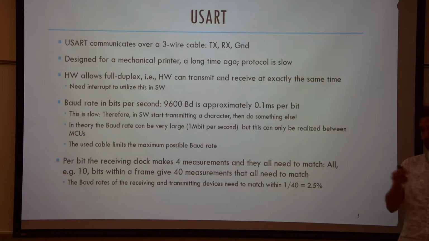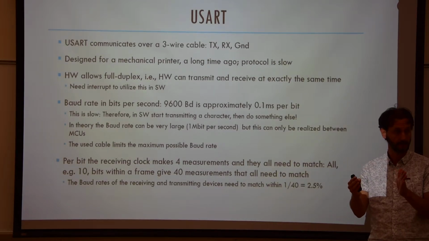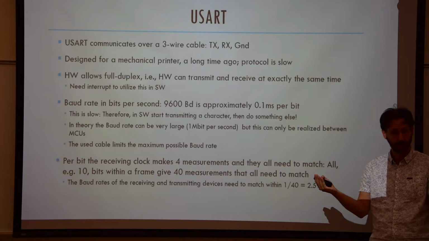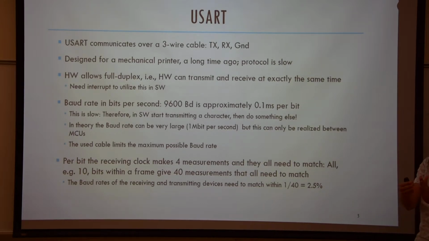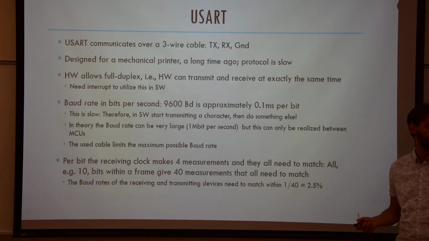And then with the next bit, when that's being transmitted, say, low voltage or a ground, then I'm again making 4 samples. They all need to match, and if they do, I am sure that I have received a 0. And otherwise, as we will see later on, I will throw an error.